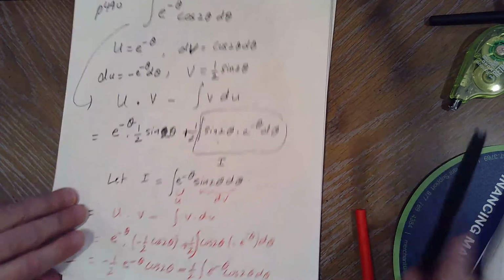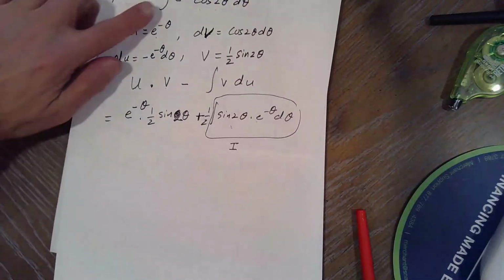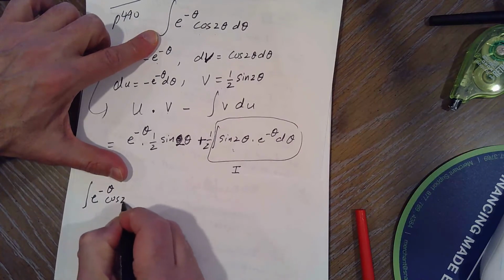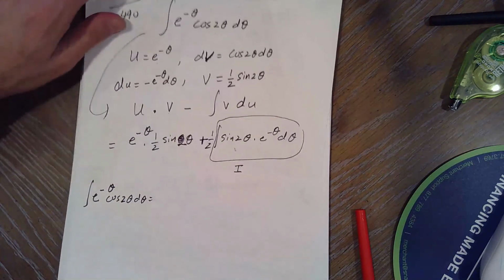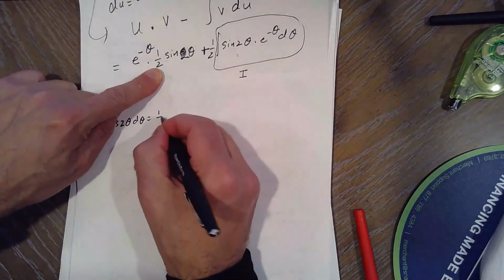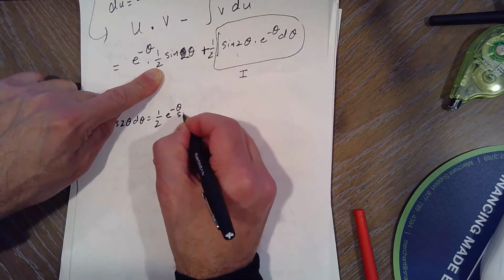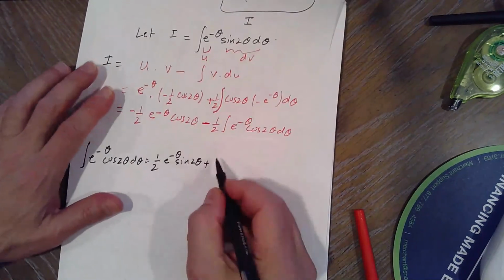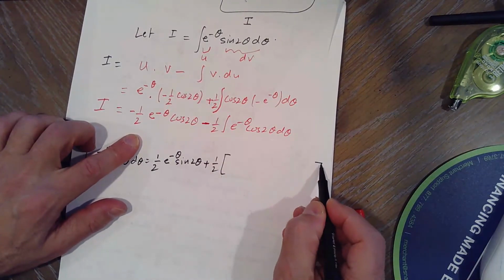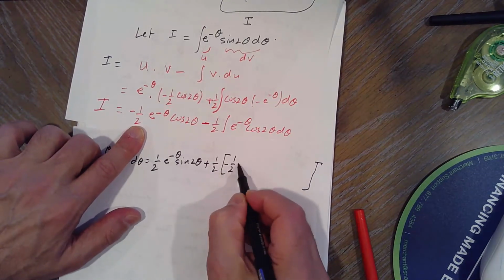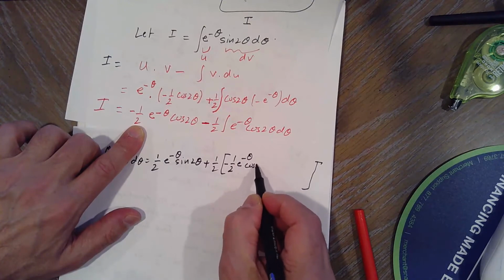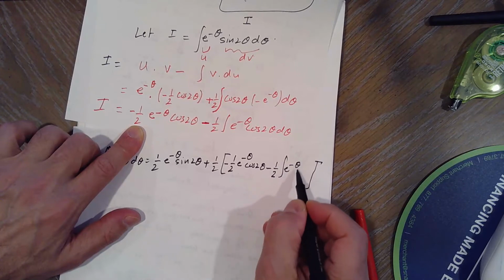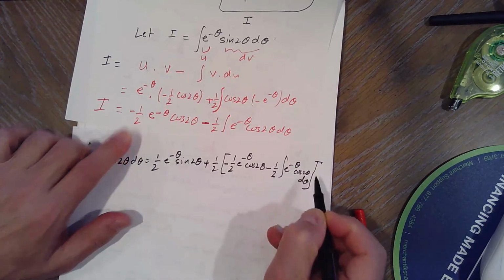So basically, I want to go back here and rewrite this. Integral of e to the negative theta cosine 2 theta d theta equals 1/2 e to the negative theta sine 2 theta plus half I, half all this guy, negative 1/2 e to the negative theta cosine 2 theta minus 1/2 integral e to the negative theta cosine 2 theta d theta.